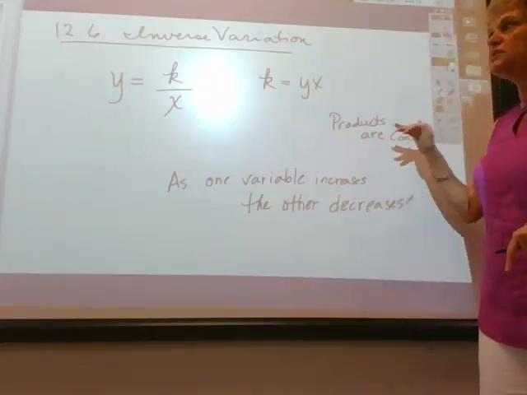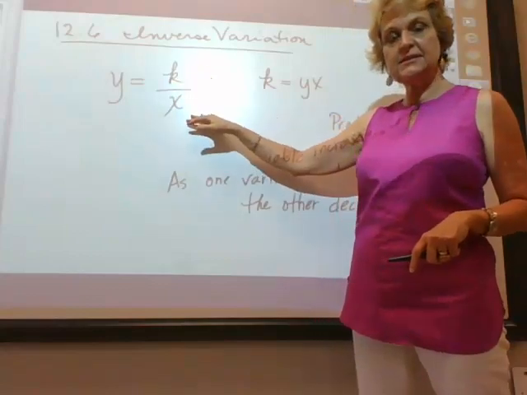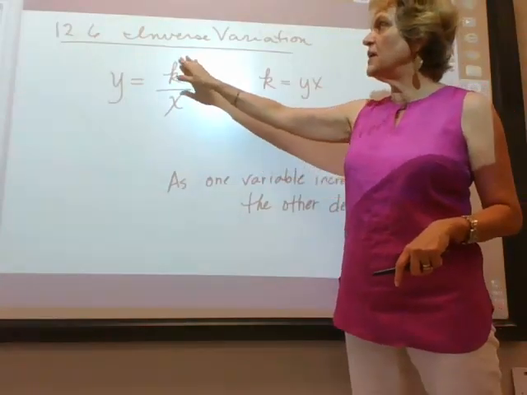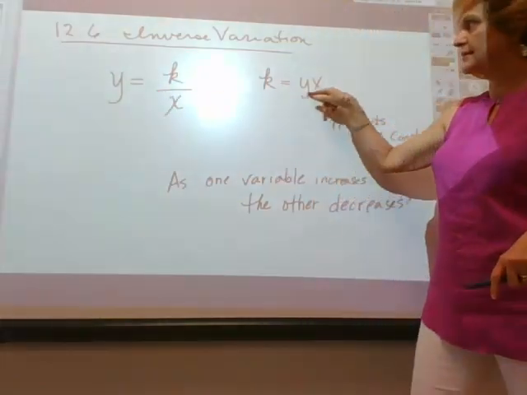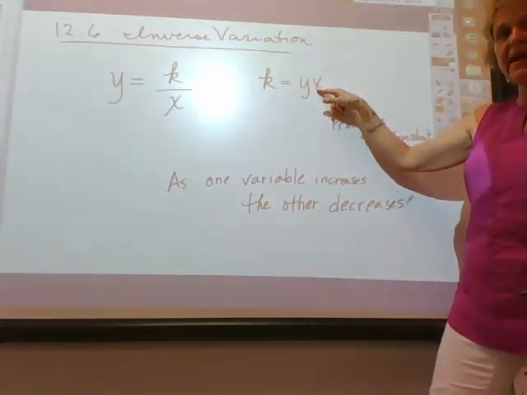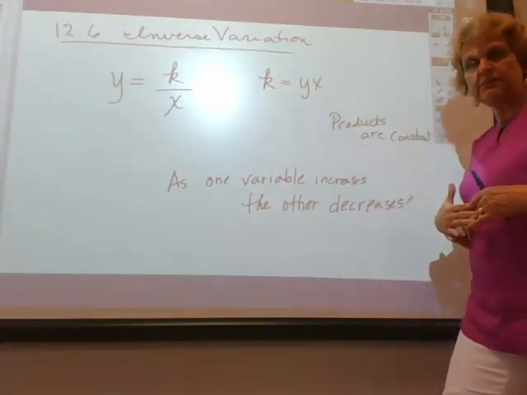And your products are going to be constant. In other words, y is equal to k over x is inverse variation. So if I were solving for k, x times y would be equal to my k. So the product of x and y is going to be the same every time.